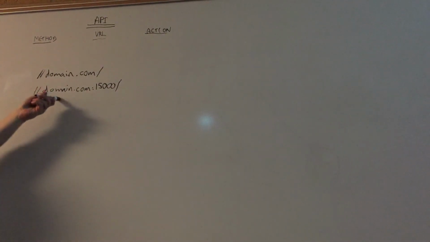We actually do this. All our API servers listen on 15,000, but they're behind a load balancer. So they hit api.domain.com, and then they're load balanced between those. That's a security measure in case they get behind the firewall. So those are three different ways to do it.